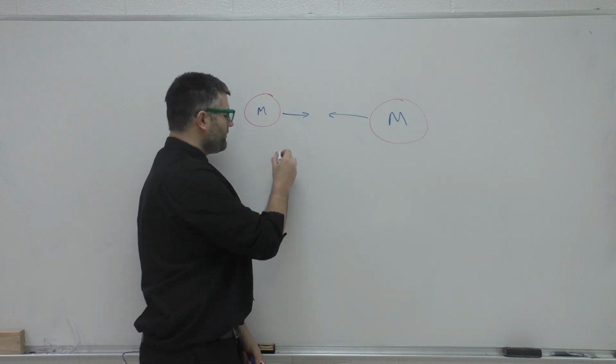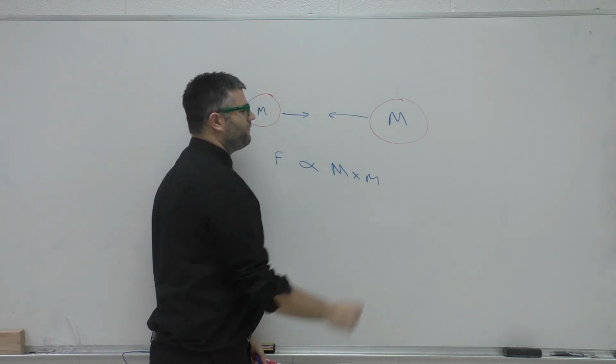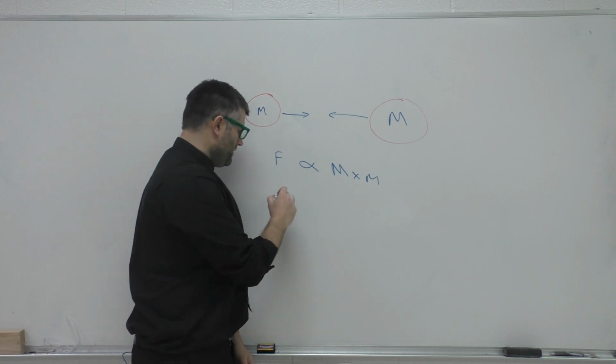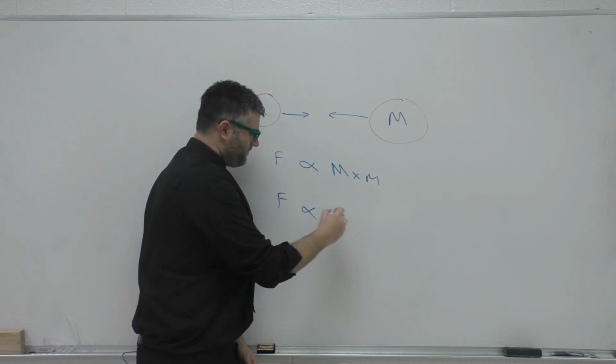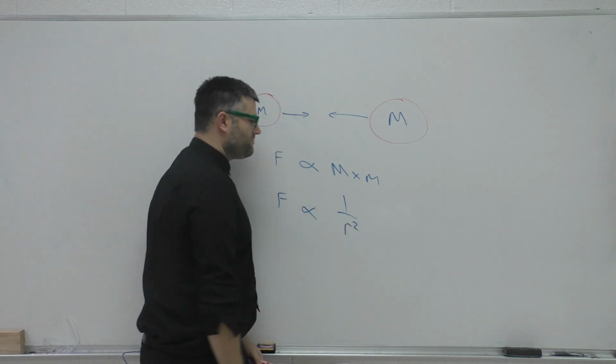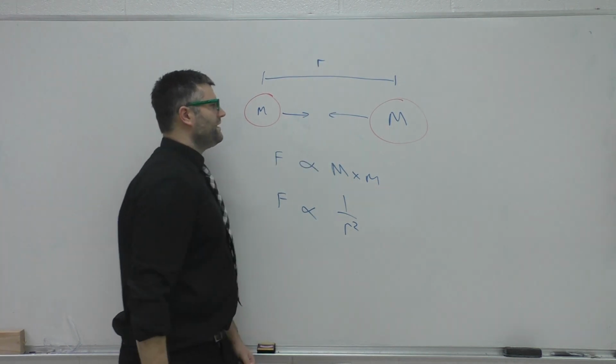So we're saying that the force is directly proportional to the product of those two masses. It's also proportional to 1 over the distance between them squared. That distance there, we call that distance r.